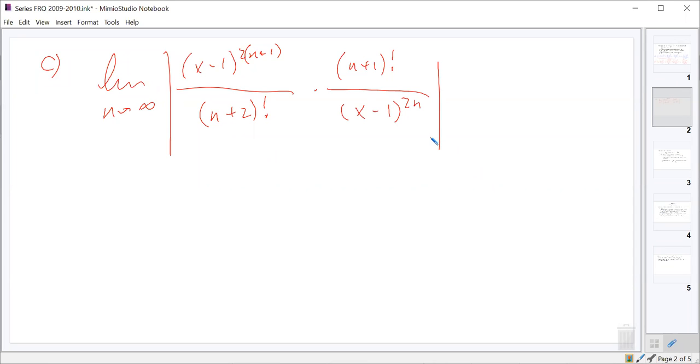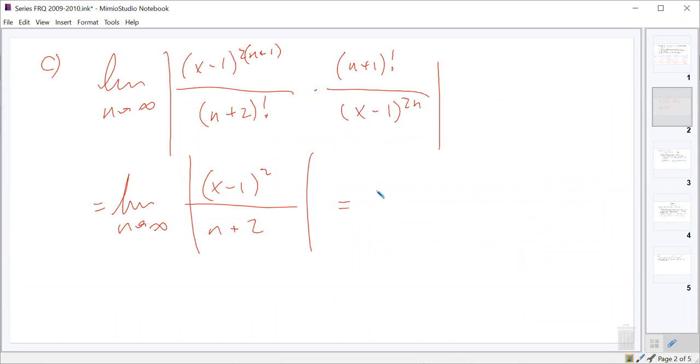Everybody good with that? And that should become the limit as n approaches infinity of an n plus 2 in the denominator and an x minus 1 squared in the numerator. And as n goes towards infinity, that should become 0, which tells us that our interval of convergence is negative infinity to infinity.